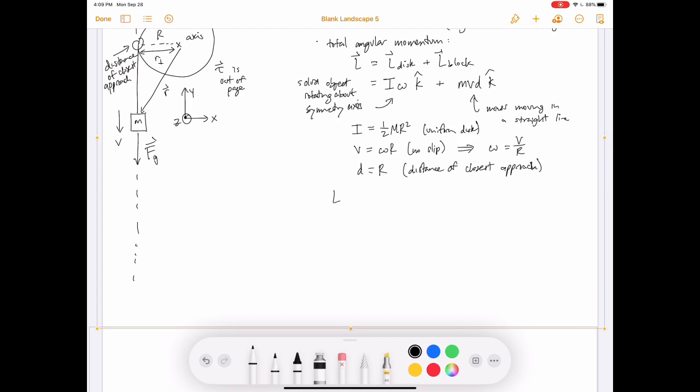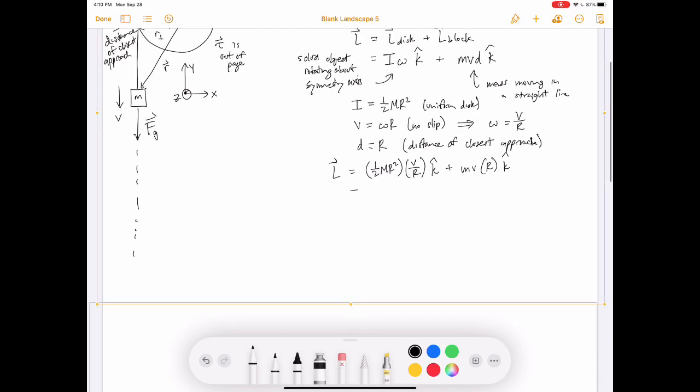Okay, so the total angular momentum L, therefore, is given by I, which is 1/2 big M big R squared, times omega, which is v over big R, times k hat. And then we have m times v times d, which is just the radius of the disk, big R, times k hat.